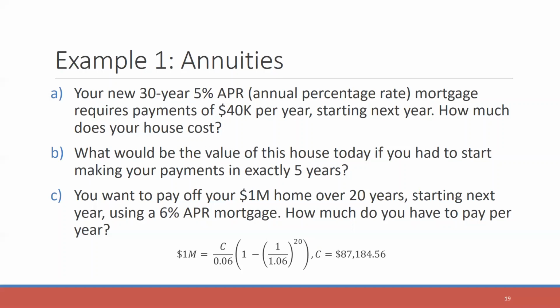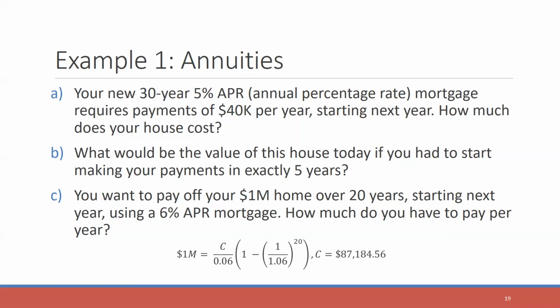Okay, you want to pay off your 1M home over 20 years, starting next year using a 6% APR mortgage. How much do you have to pay per year? On our left-hand side, we've got our 1M. On our right-hand side, we know a few things. We know our APR, and we also know our N. So we know that our discount rate is 6%, and we know that our time period is 20.